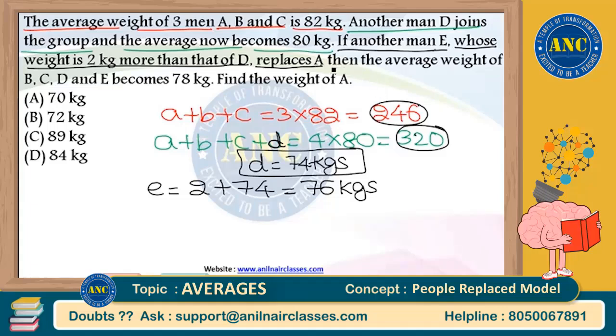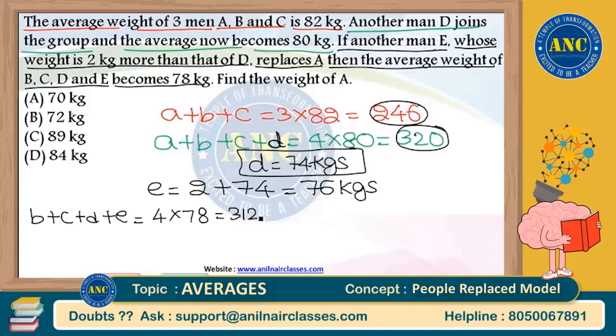Then the average weight of B, C, D, E becomes 78 kgs, which means all the 4 people are 78. So B, C, D, E total is 4 into 78, which is 312 kgs.